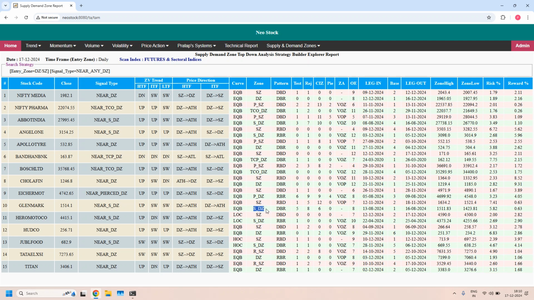Glenmark is having a high liquidity zone. Hero Motors is having a high liquidity zone. Jubilant Food is having a high liquidity zone. So total 7 high liquidity daily demand zones we identified from this list.